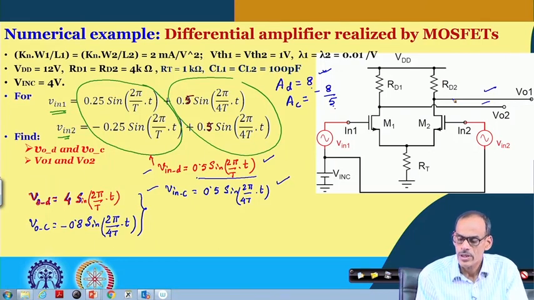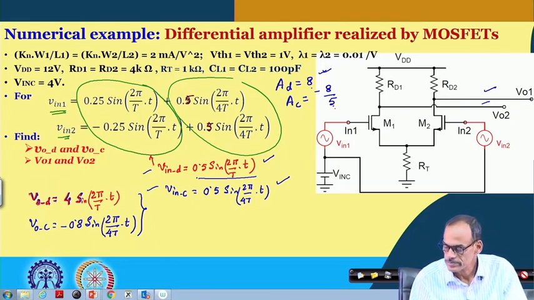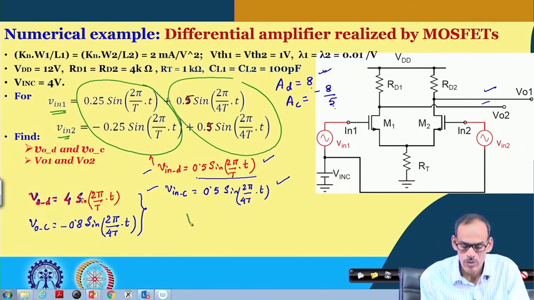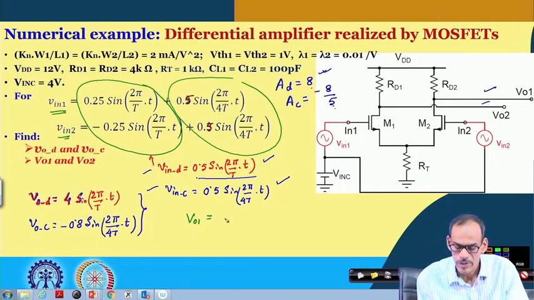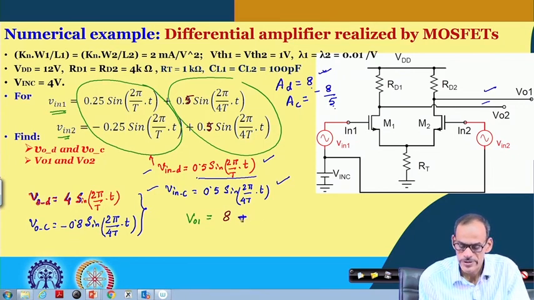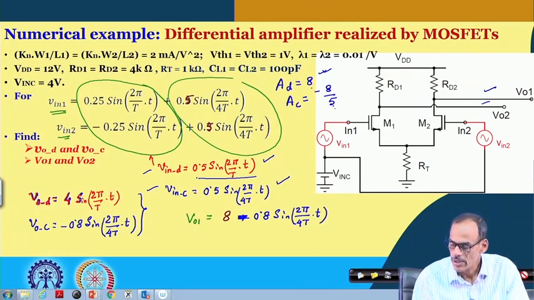So, if I combine these two, we can get the individual signal, and as I said, the individual signal has a DC voltage of 8 volt. So, VO1 has a DC part of 8 volt, and then plus the common mode part, which is minus 0.8 sin 2 pi by 4 capital T into small t, and then half of the differential part.